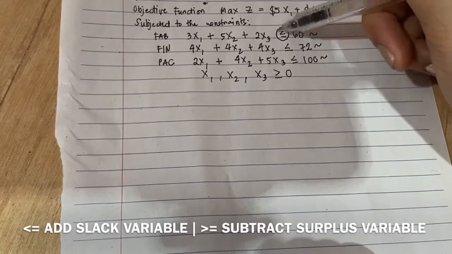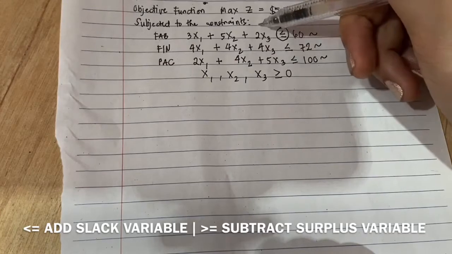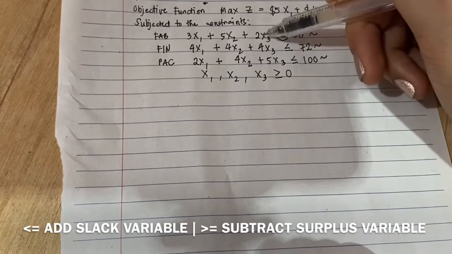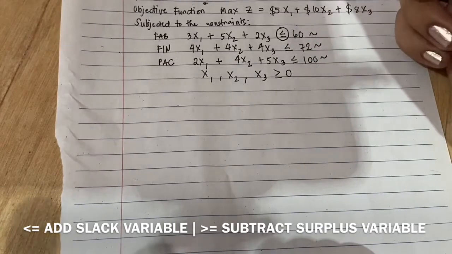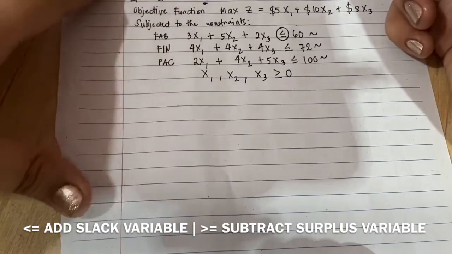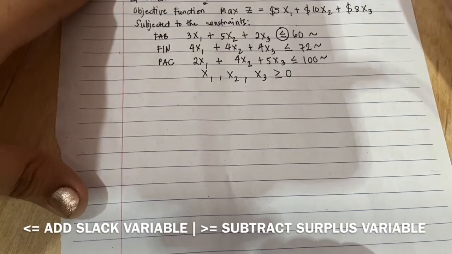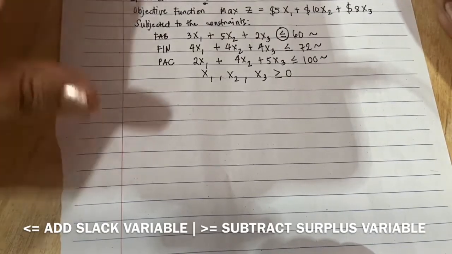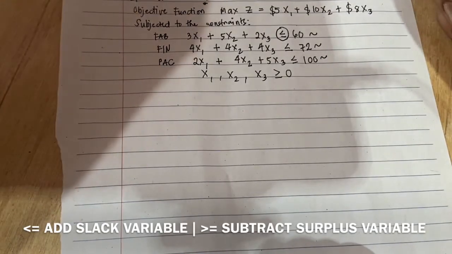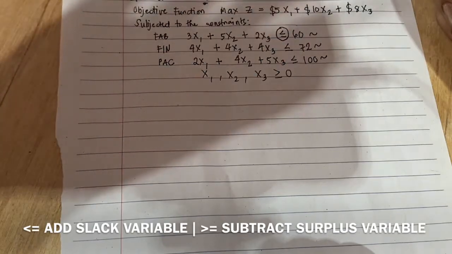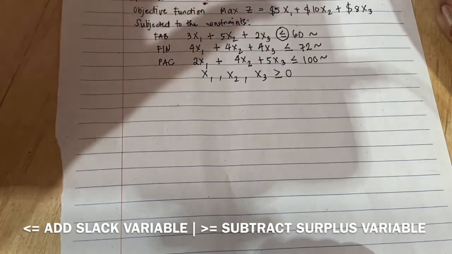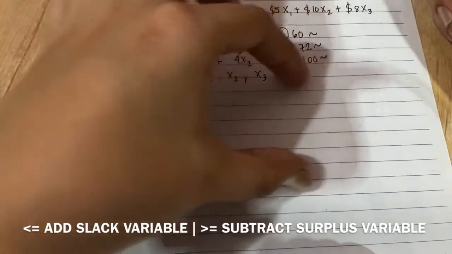If it's greater than 60, possibly it could be 63. So therefore 3 is the surplus, and so on and so forth. So that's the purpose of changing that into equalities, because we are going to use these artificial variables in creating the tableau.